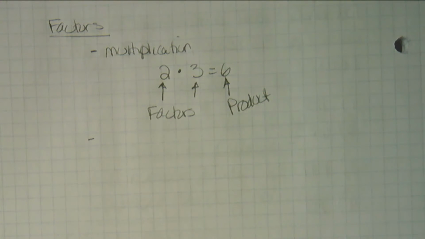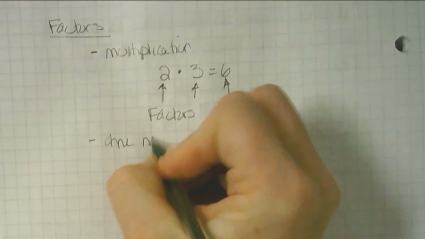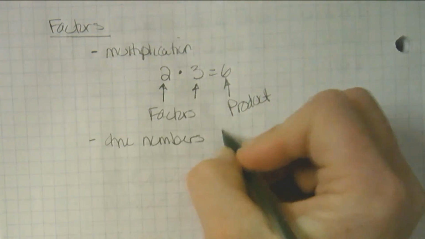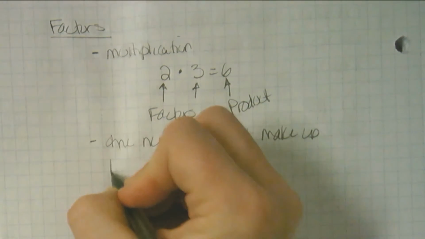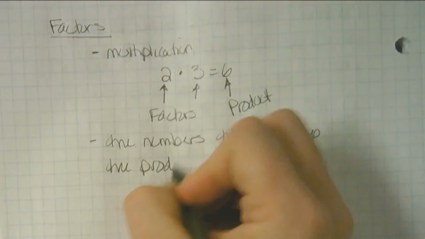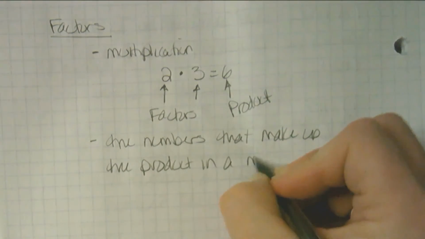Frankie? Excellent. I like that. The numbers that make up the product in a multiplication problem.